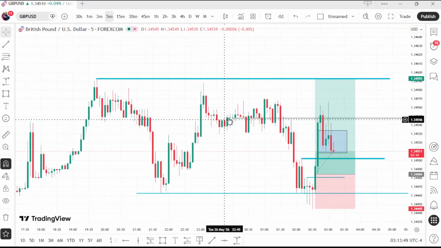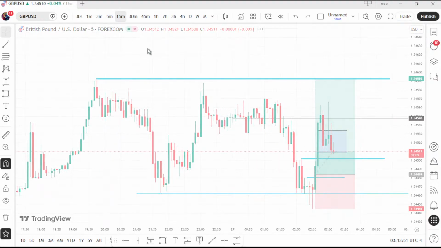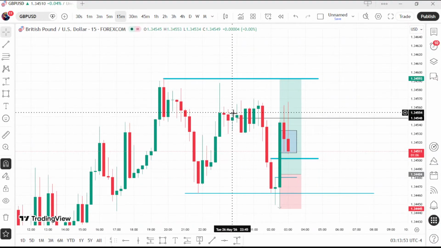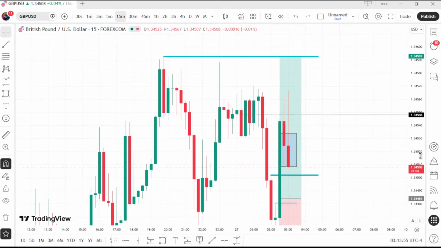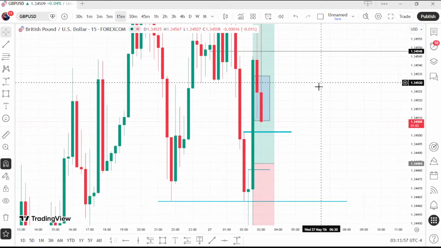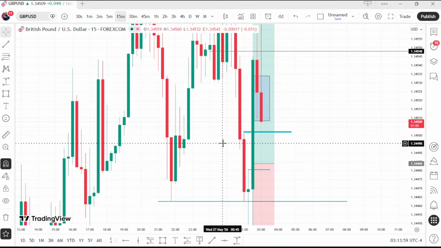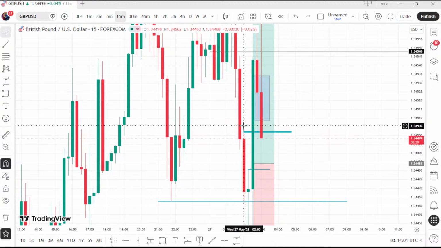My oh my. As we talk, price is inside that fair value gap in the 15 minutes, and it's actually going to decline.